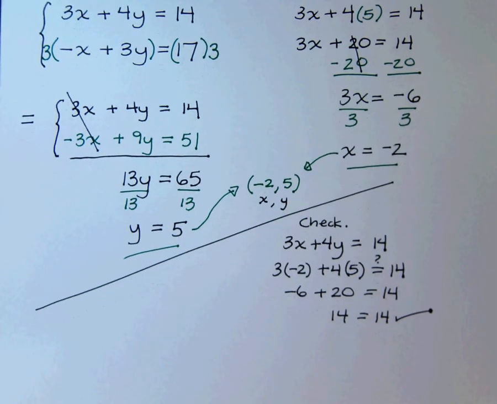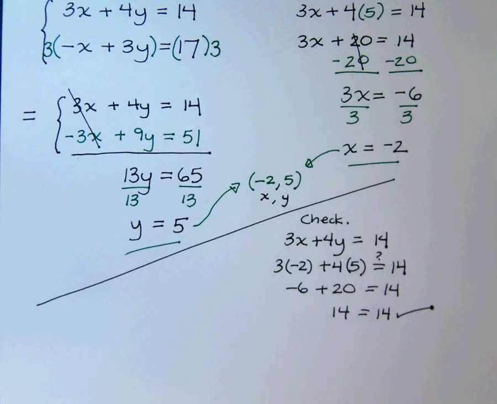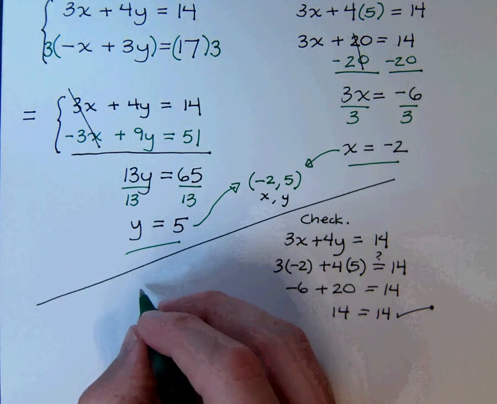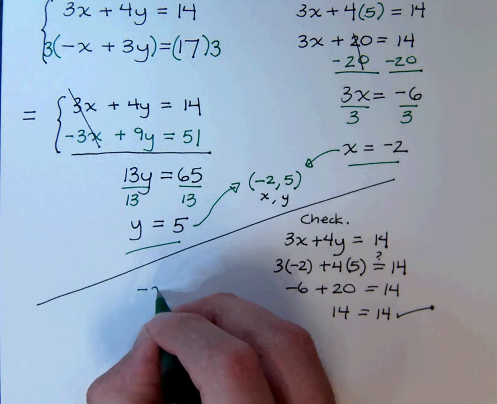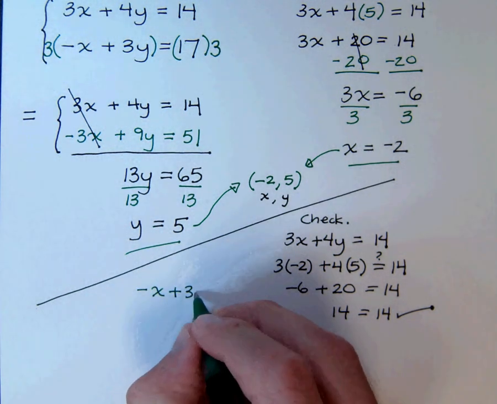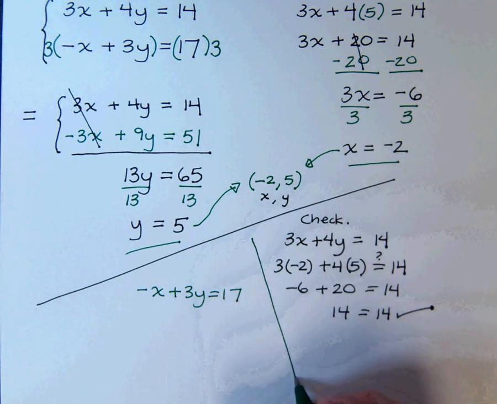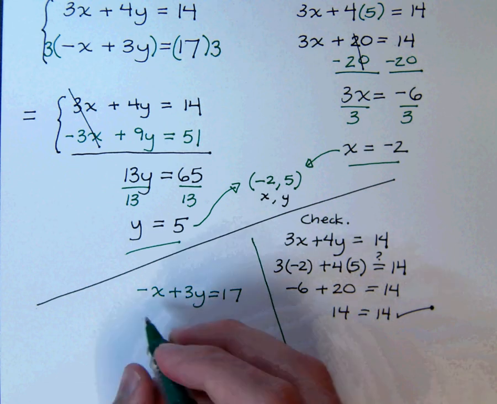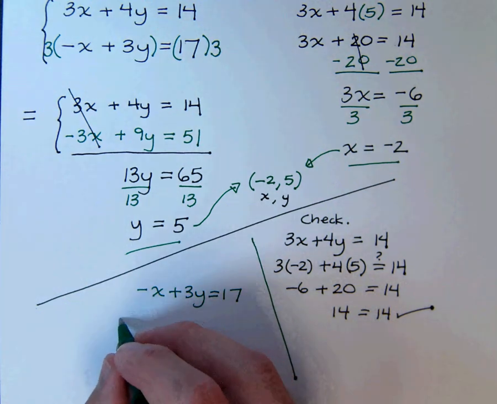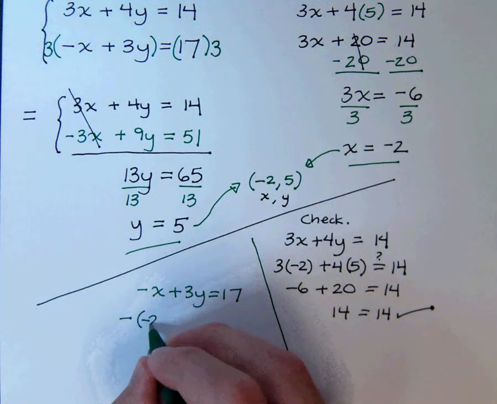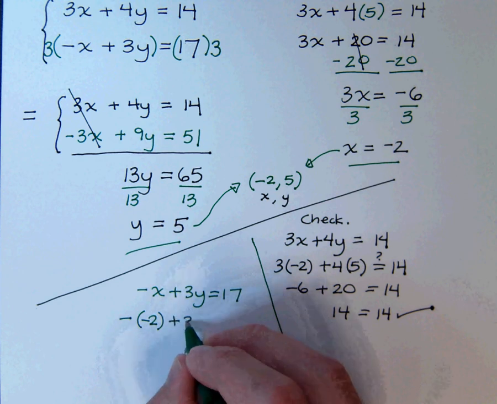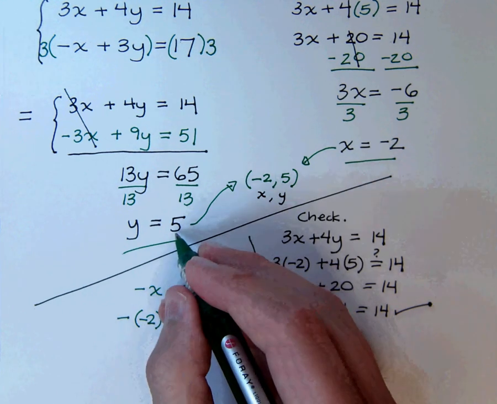Well, we need to check it into the other equation. The other equation, the original one, was negative x plus 3y is equal to 17. Well, I'm saying that x is negative 2, so negative times a negative 2 plus 3 times my y value, which is 5.